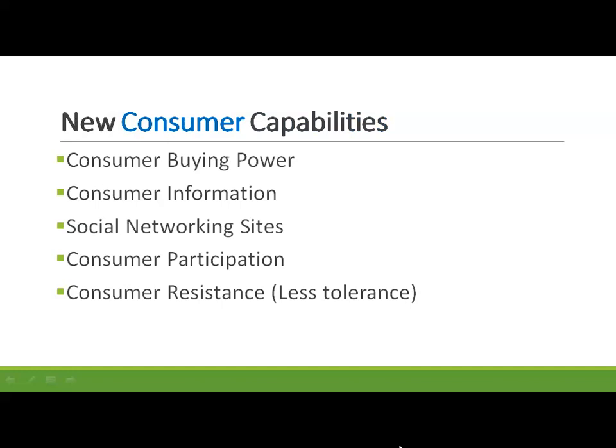And new consumer capabilities: consumer buying power, consumer information, social networking sites, consumer participation, and less tolerance. So I was just talking about these major societal forces. Before understanding marketing, we should know where these organizations are working and what the realities are in that particular environment. That's why we have studied this.